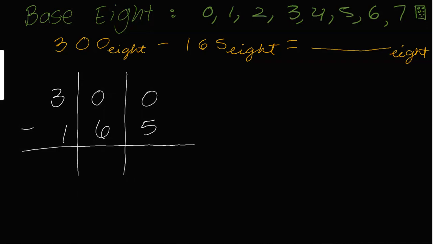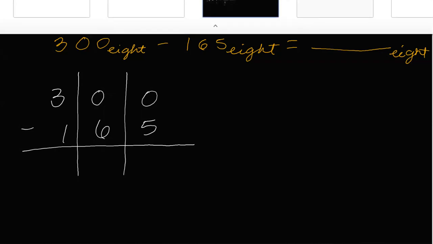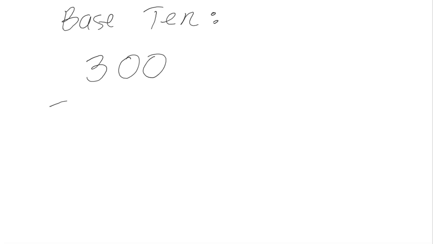And what is the trick? Okay, so the trick is if we think about subtraction even in base 10. So I'm going to take you back to base 10 so that you can think about it a little bit better. If you have, say, 300 minus 165, then you have to really borrow from the 3 there, right? Now that's a very long way.